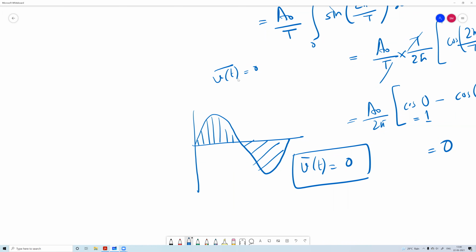So obviously, sir has shown you the full wave rectifier where the output looks like this. And there, if you calculate, you will find that the average is not 0, because now every part of the wave is above the x-axis. Nothing is below the x-axis. So this is the average value of a sinusoidal wave.